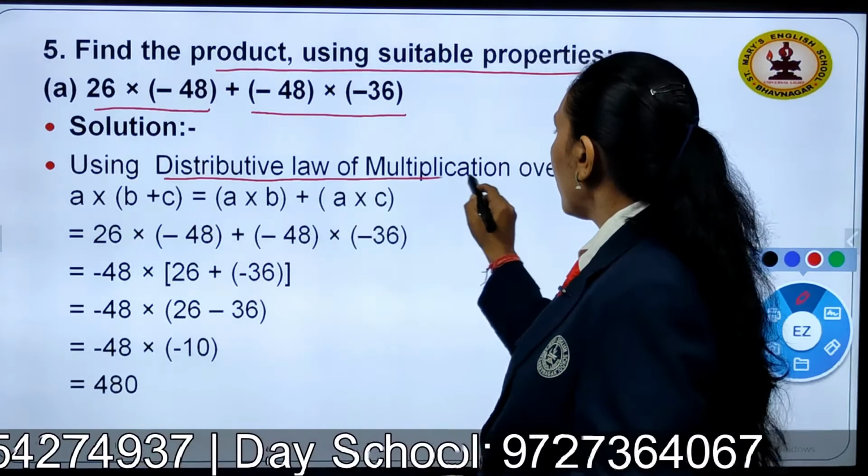Here also we are going to make use of the distributive property, but with a bit of change. 625 is the common number, yes, but see children, one is positive here, one is negative. In this condition, I cannot take it as a common number, right? For that I have to change this number either to positive or to negative. But it is convenient that I make it positive.